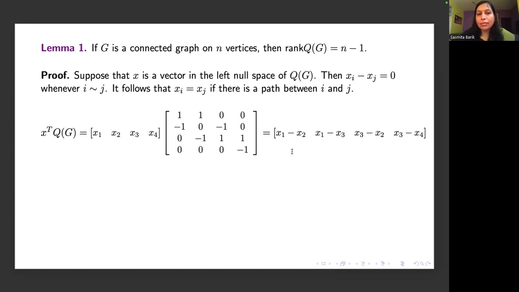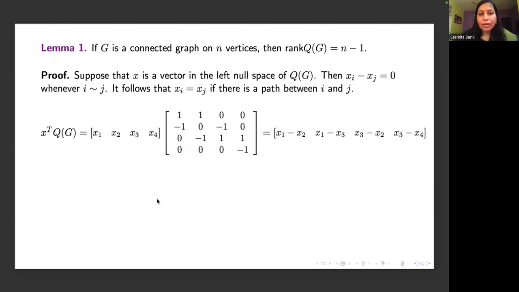In general, if i is adjacent to j, then xi will be equal to xj. And if I have a path from i to j, then I can proceed accordingly: x1 equals x2, x2 equals x3, like this. So if there is a path between i and j, xi will be equal to xj.